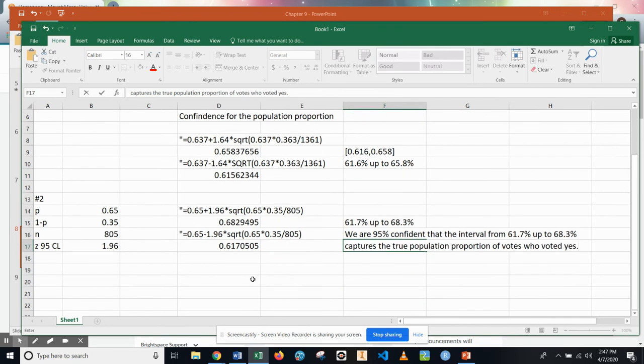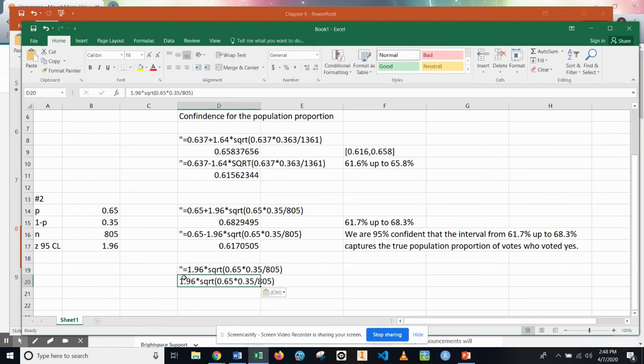If you wanted to look at just the margin of error piece, remember that is the part that comes at the end after the plus or the minus. The part I'm pasting here is identical to either one of them, and this is that margin of error. In this case the margin of error is about 3%.